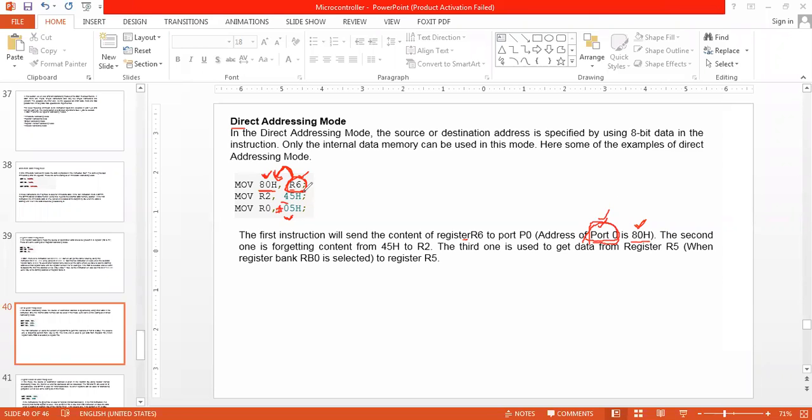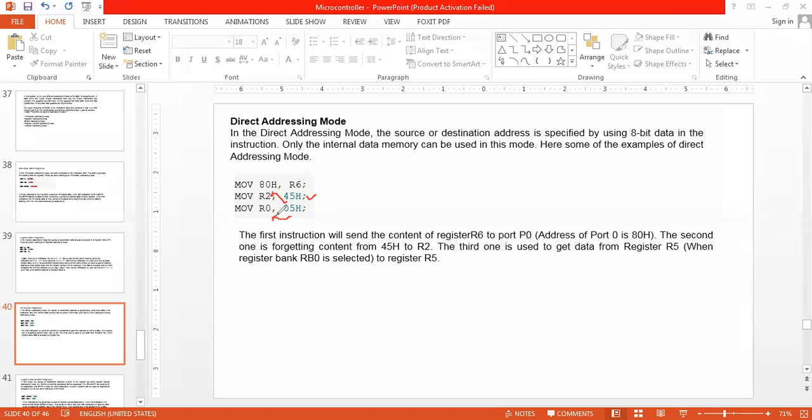Then 45H. Now what I'm doing here is writing a direct address. Whatever data is present in 45H will be loaded into the R2 register. That data will be copied into R2. And here also, whatever the data is in 05H, for example, 05H is basically the R5 register.